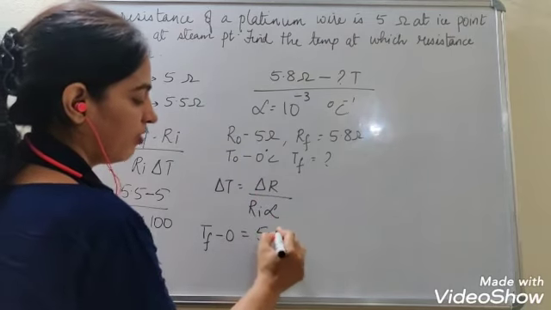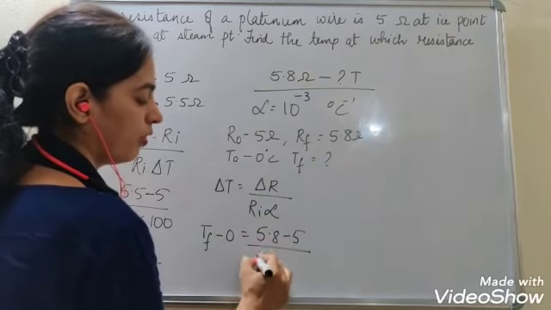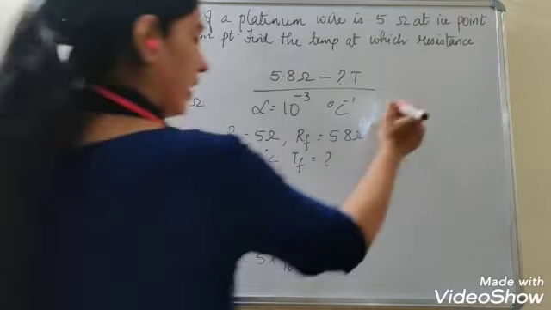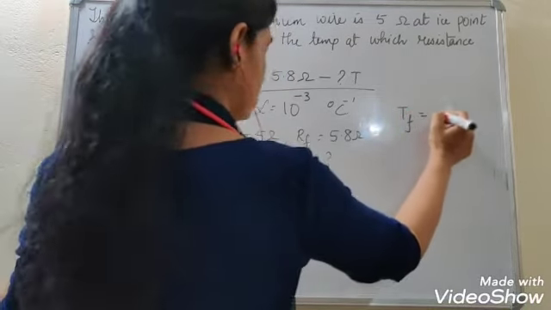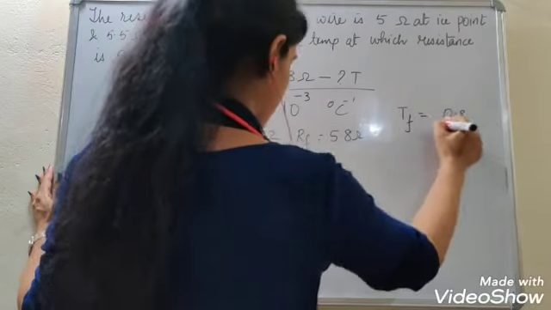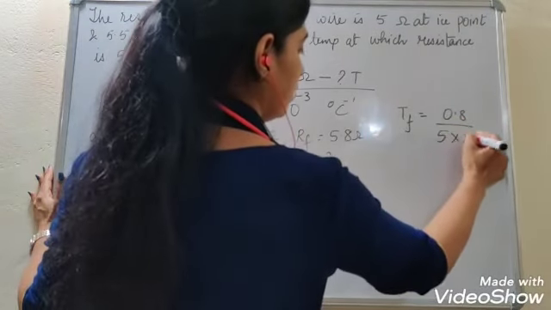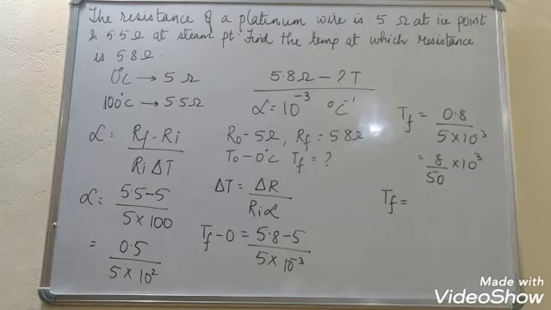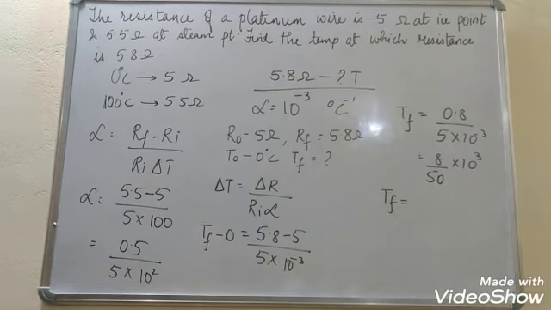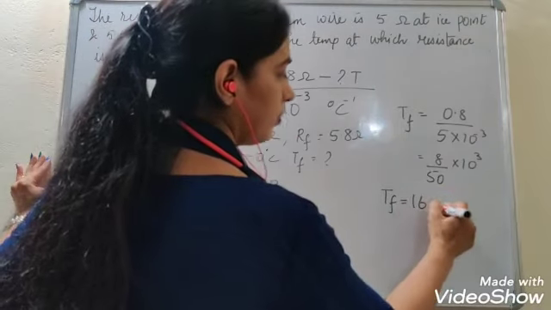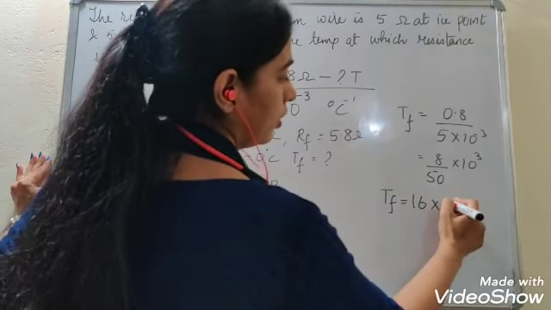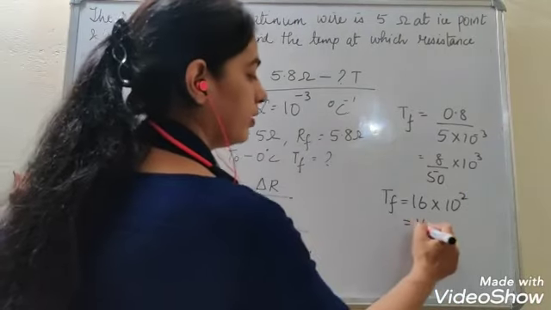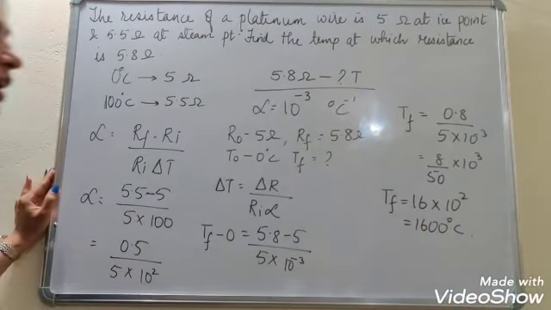Delta R will be 5.8 minus 5 upon 5 into 10 to the power minus 3, that is alpha. So the final temperature will be 5.8 minus 5, which is 0.8, divided by 5 into 10 to the power minus 3, which is 8 by 50, that is 16 into 10 to the power 2, 1.6.